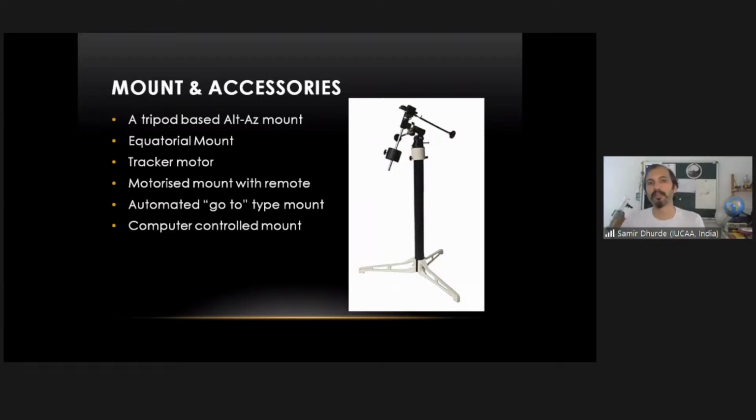So an equatorial mount is basically something which still has two axes, okay, but one of them is aligned with the Earth's axis, so it's parallel to the Earth's axis.